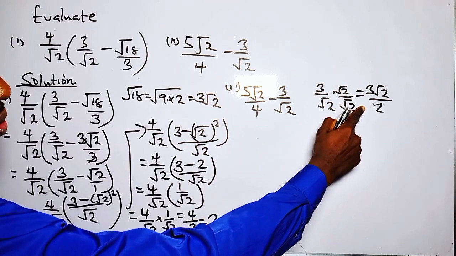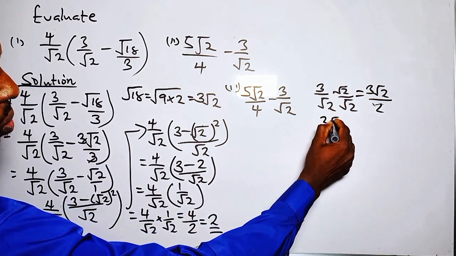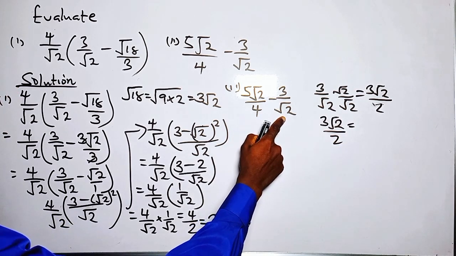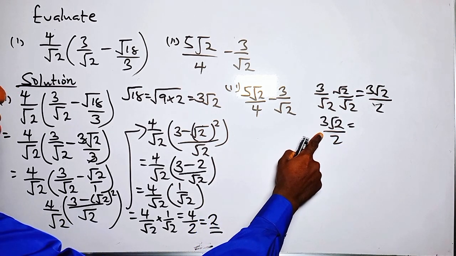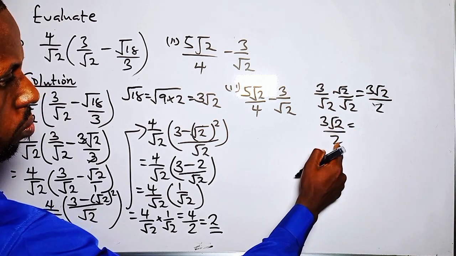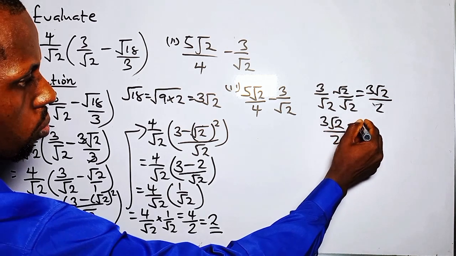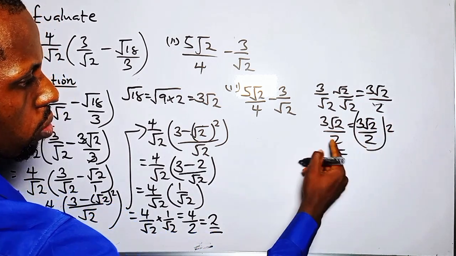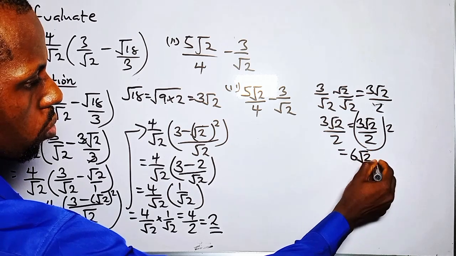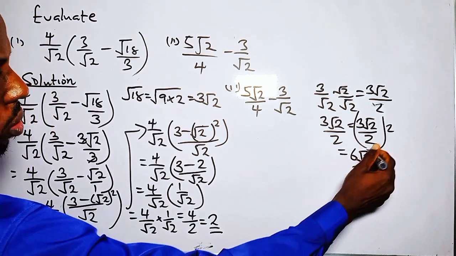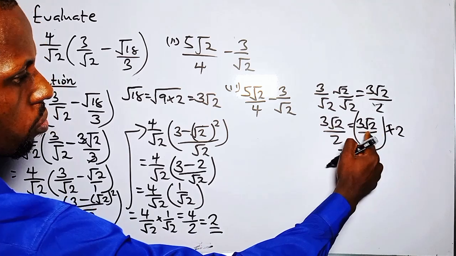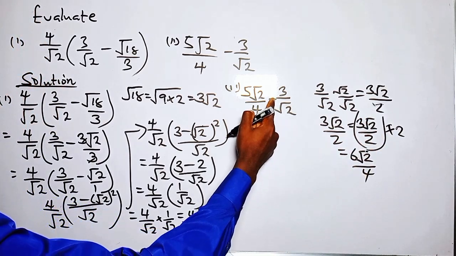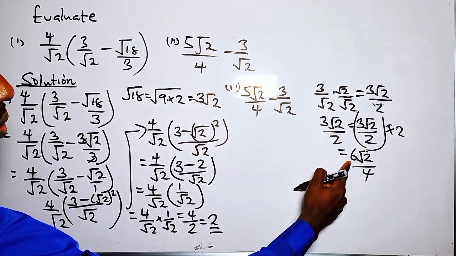So we can easily look for the equivalent fraction of 3 root 2 over 2, since we are trying to have the same denominator. We multiply both the numerator and denominator by 2. So 3 root 2 over 2 times 2, this is equivalent to 6 root 2 over 4. Let us replace 3 over root 2 by 6 root 2 over 4.